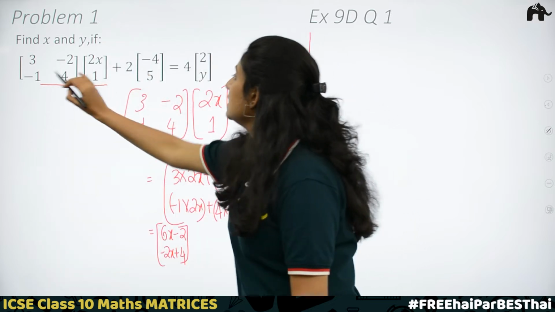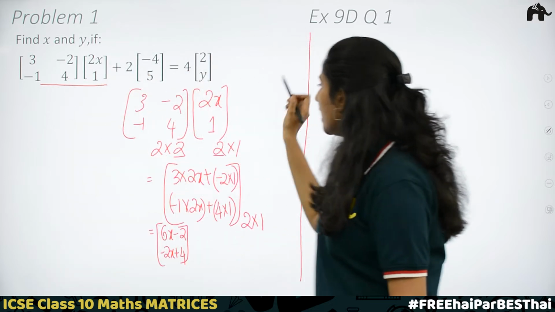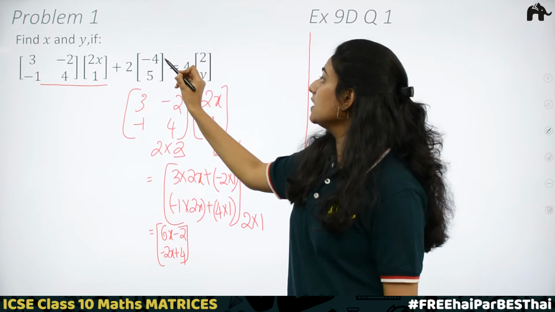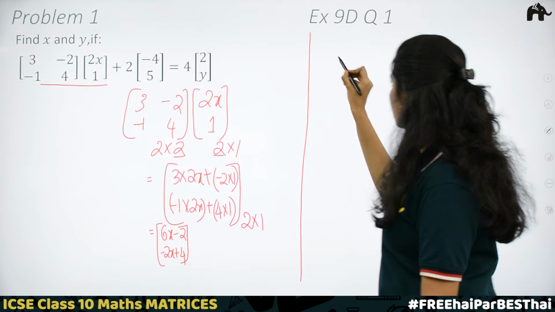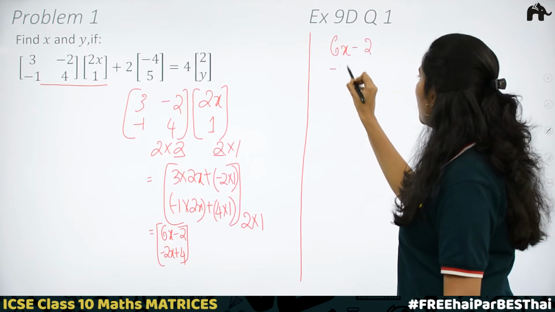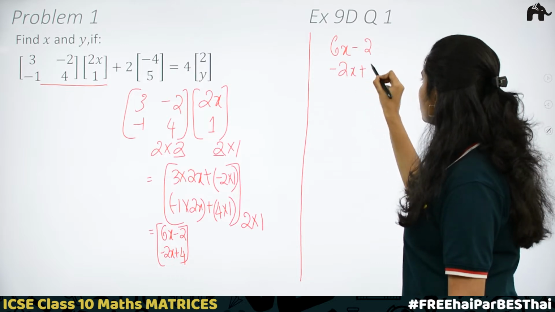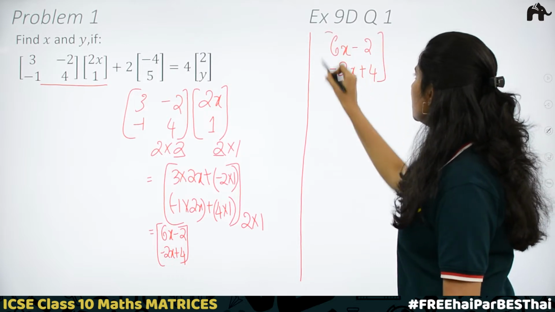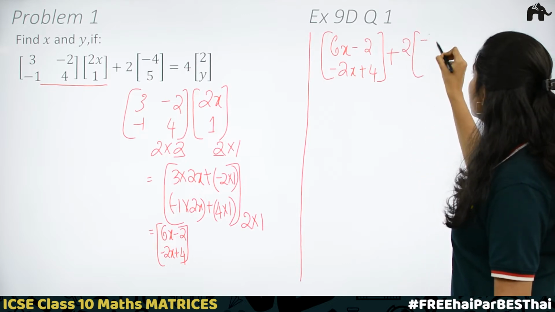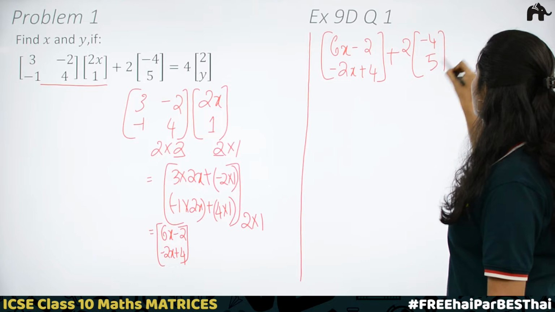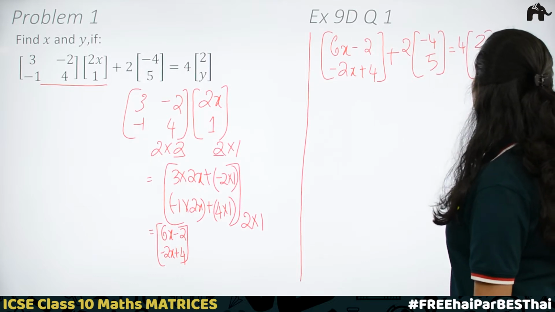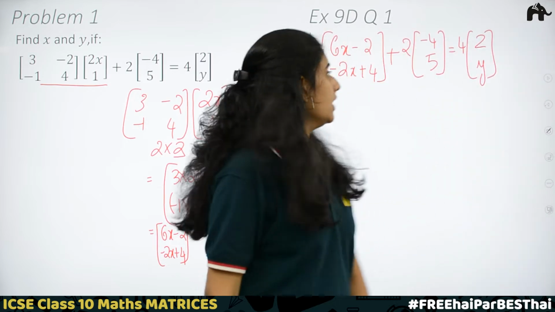So we got this part. Now we are adding this to 2 into the matrix [[-4], [5]]. That is [[6x - 2], [-2x + 4]] plus 2 into [[-4], [5]] is equal to 4 into [[2], [y]].